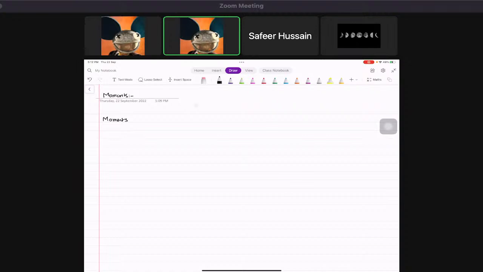So first of all, moment is defined as the force multiplied by the perpendicular distance from the pivot.